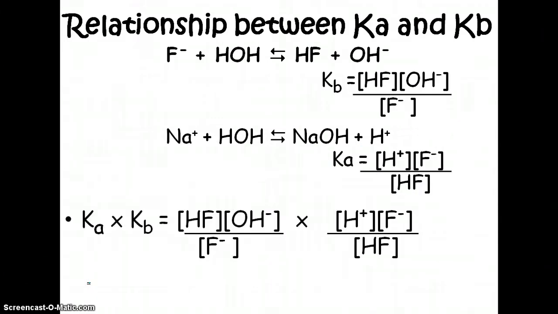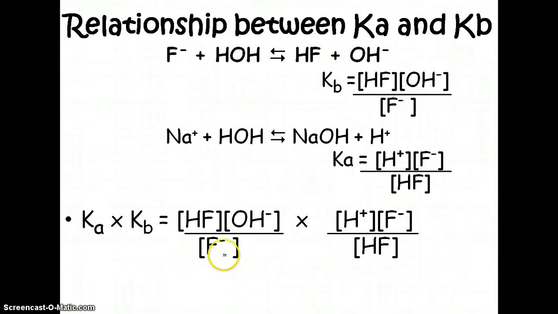All right, so when you're looking at Ka and Kb, we took the two ion equations, excuse me, from the dissociation of the salts, which are there and there. Okay, so the same from the previous slide. And we write the equilibrium expressions, so the Kb and the Ka for both of those.